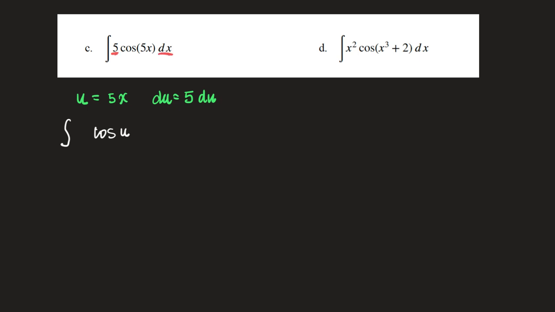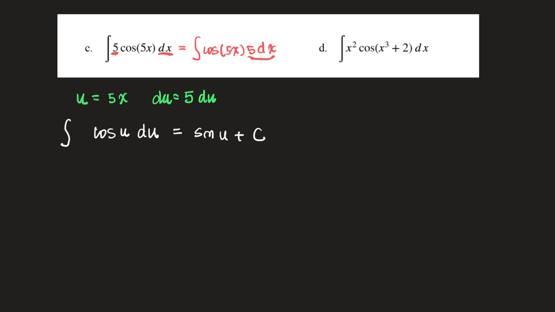You're going to put them together: the integral of cosine 5x, so this one is going to be du. So this one is not so hard, right? What is the antiderivative of cosine? This one is going to be sine u plus c.